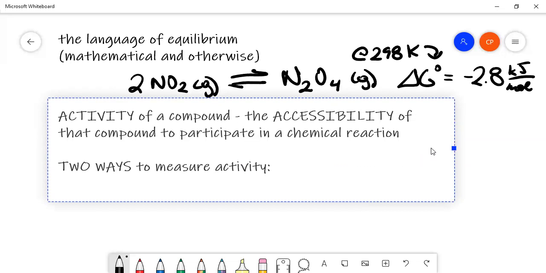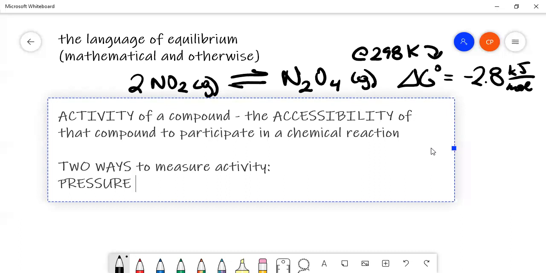There are 2 dominant ways that we're going to use in these ideal chemical reactions to measure the activity, the accessibility of a compound. And these guys are in the gas phase. And so one way we're going to use to represent this accessibility is going to be pressure.